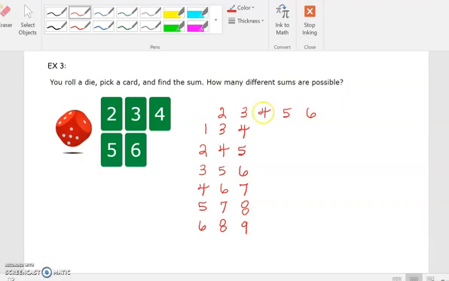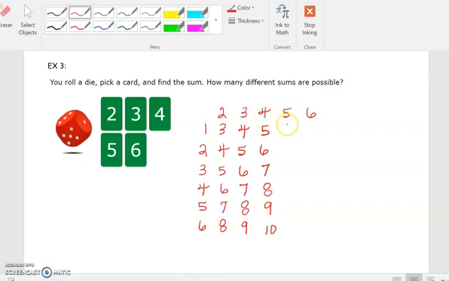If we choose a card that's a 4 and we roll the die, then our sum is going to be a 5, a 6, a 7, an 8, a 9, or a 10. And each time I'm just adding the roll to the card that I chose.